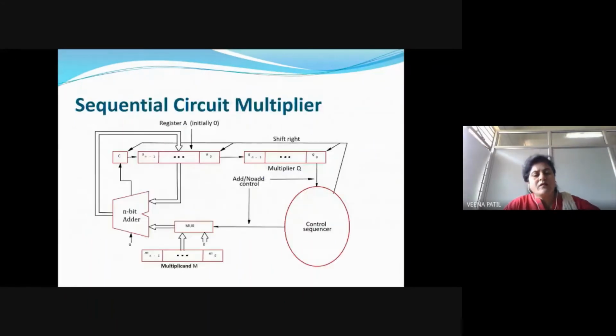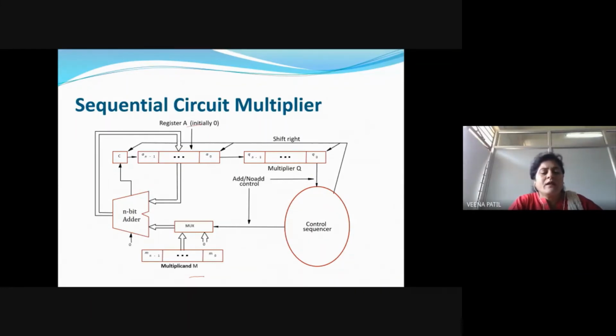And to do that, we have here a circuit. This is the sequential circuit. In this sequential circuit, we are going to use 3 registers, 1 adder, 1 multiplexer, and a control sequencer. Now, the multiplier is stored in a register called Q. Multiplicand is stored in another register called M. And we are going to take one more register called A, wherein I am going to store the partial product.